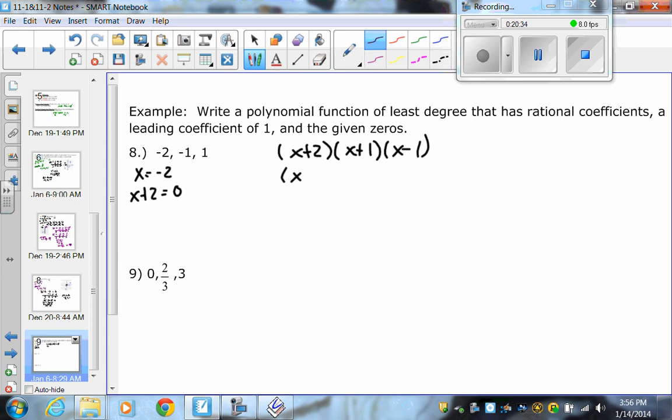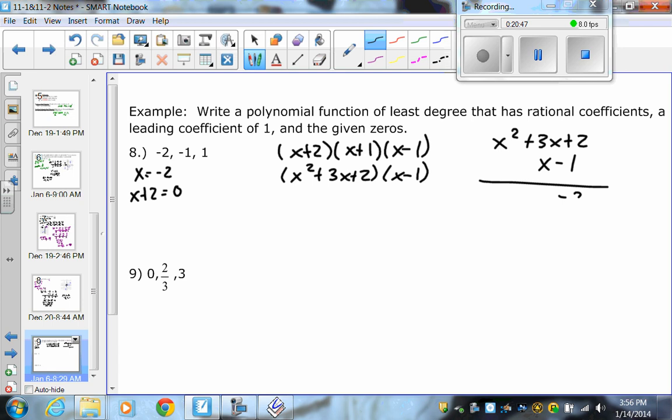And now we're just going to multiply these out. So the first set of parentheses would be x squared plus 3x plus 2. And then if I did this vertically, that gives me -2, -3x, -x squared, 2x, 3x squared, and x to the third.